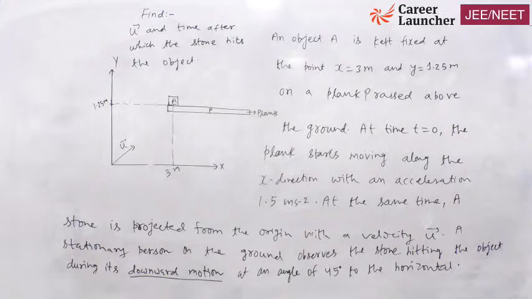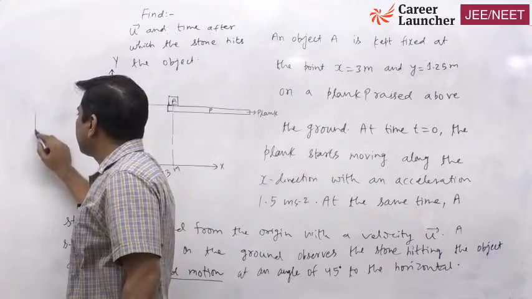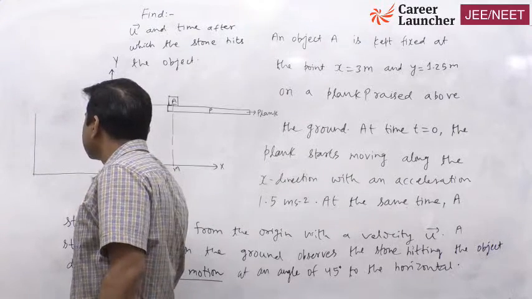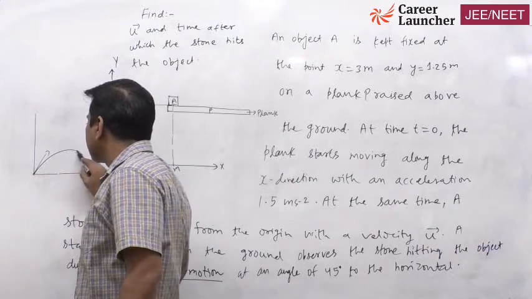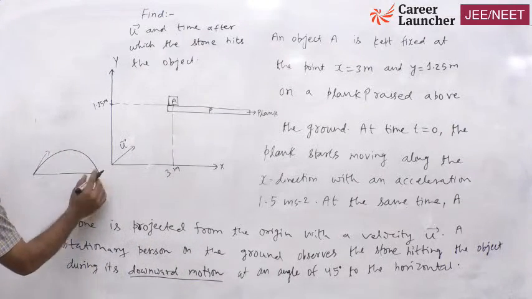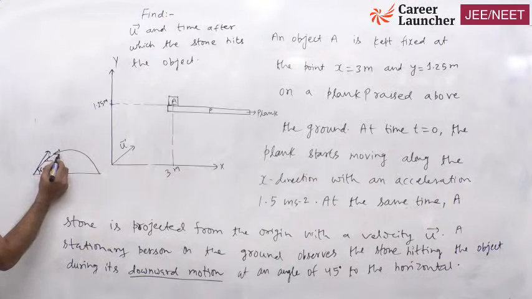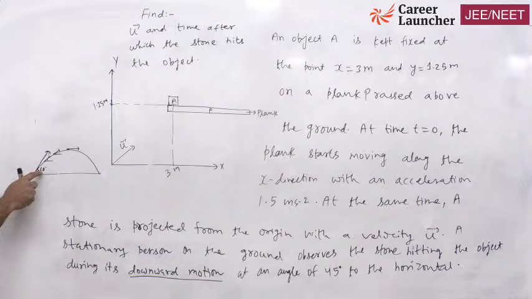Preeti is asking, can you explain what is 45 degree? You know that whenever a projectile is thrown at some angle, say 60 degree, as it is going up, this angle keeps on decreasing, and finally at the highest point this angle becomes 0 with the horizontal. 60 degree will be like 45, 30, 0.